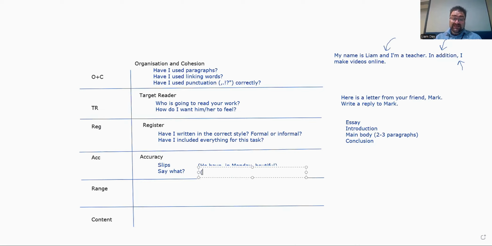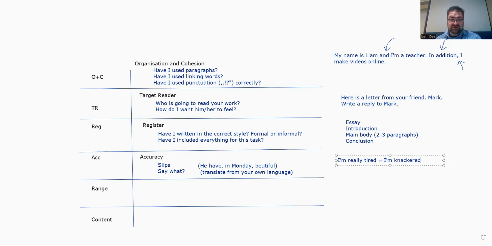A say what mistake is usually when you're translating from your own language. Every language has its own expressions, its own way of speaking. Okay? So a very simple example. When you want to say, I'm really tired in English, you say, I'm knackered.